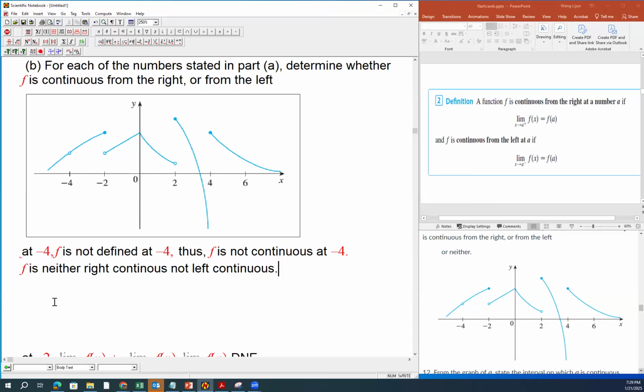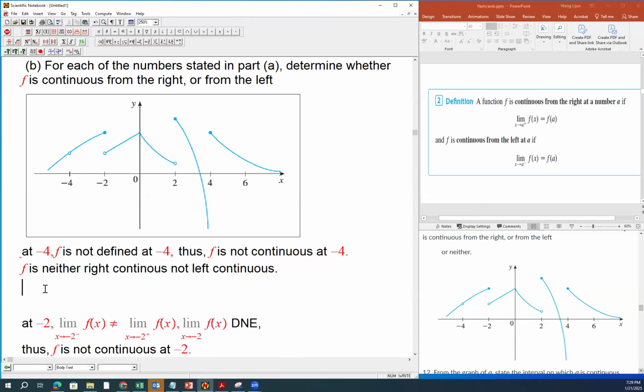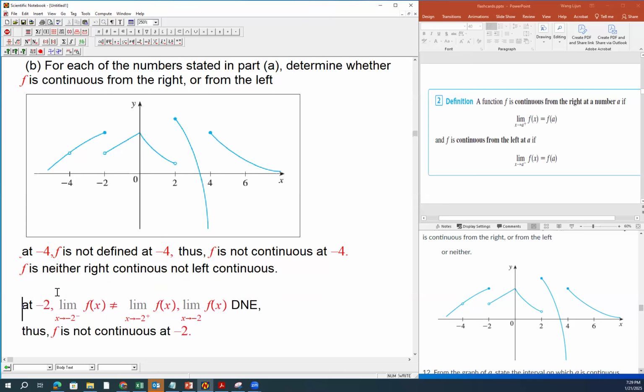Okay, so let's look at -2. -2 will be a bit more interesting, because at -2, the limit from the right and the limit from the left are not the same for sure. Okay, we got that.